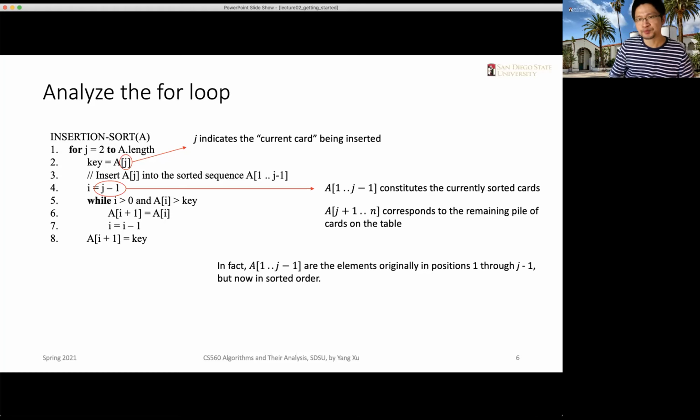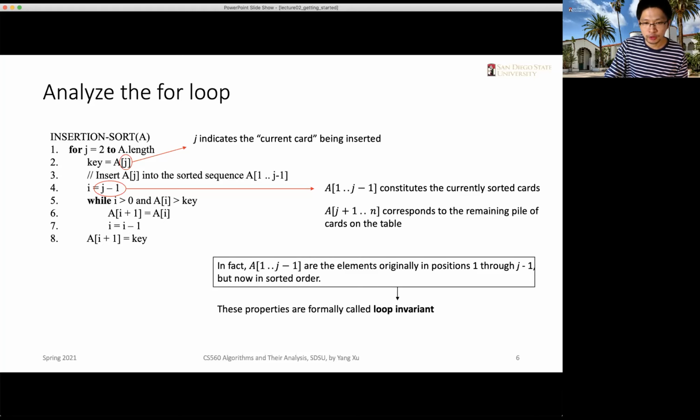Okay, so here we know for sure that the cards or the numbers from A[1] to A[j-1] are the elements that were originally from position 1 to j-1, but they are in sorted order now. Okay, and this property is something we call a loop invariant.